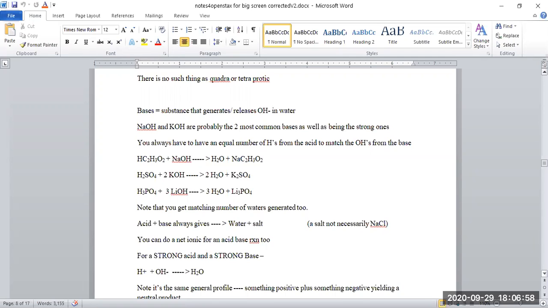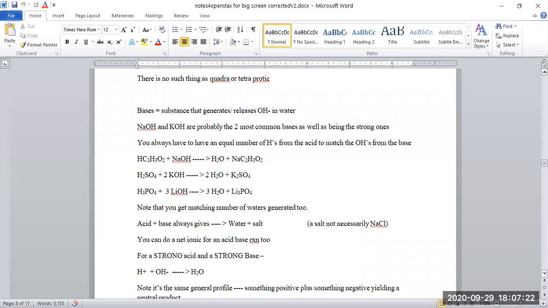And the third one, we start with three H's because it's a triprotic. There's not a lot of triprotics. Phosphoric is the most common one, H3PO4. I picked a not super common hydroxide just to give you a little bit of variation for the examples there.